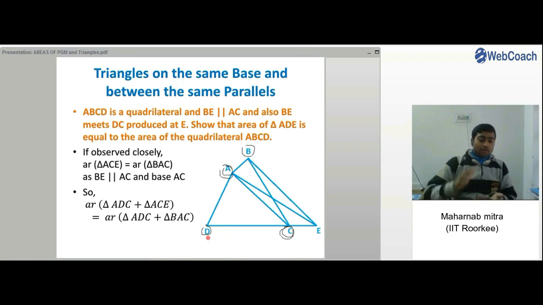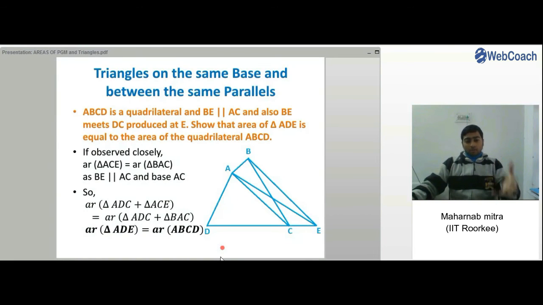When we join these two areas, we get the area of the quadrilateral ABCD, which is split into two parts once again. So you can see easily that both of these areas are the same, right? We have proved that the area of triangle ADE is actually the same as the area of quadrilateral ABCD, right?